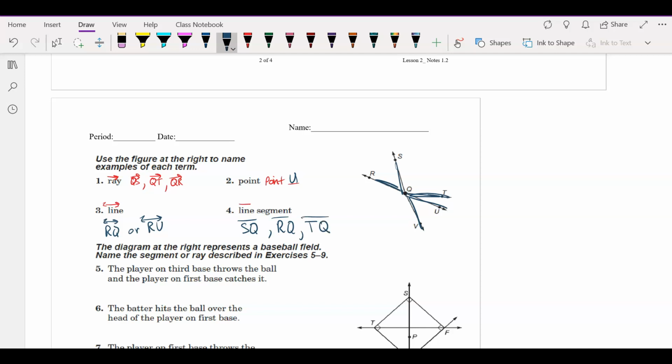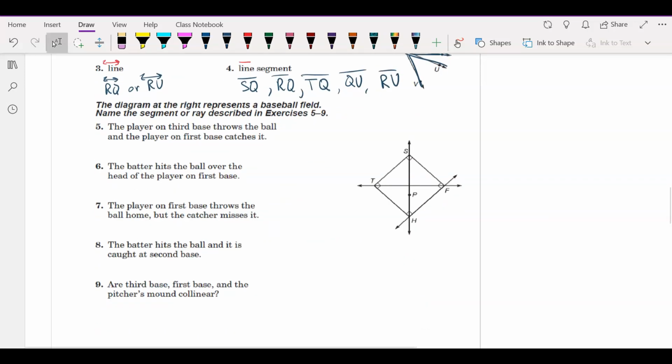Actually, there are more than 5. And then there's QV and QU, which my V's and U's will look the same, so I'm just going to write it once. And then we can even do RU. The only difference is now we just don't have the arrow above.